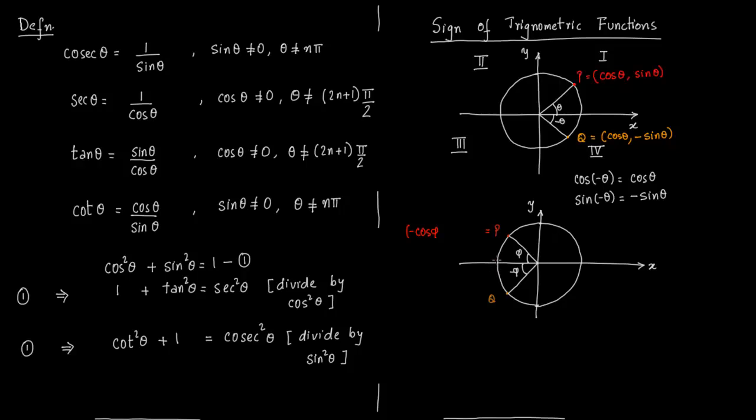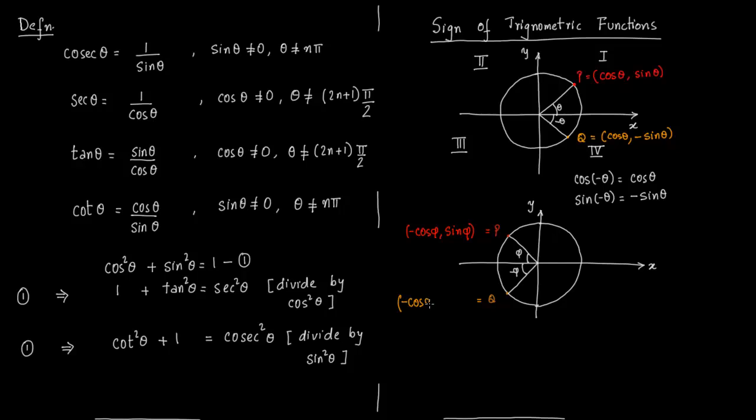P has two coordinates: the x coordinate is negative, which corresponds to the negative x axis, and the y coordinate is positive, which corresponds to the positive y axis. So you have positive sine phi. This is another way of writing the coordinates of points on the circle. Very important.